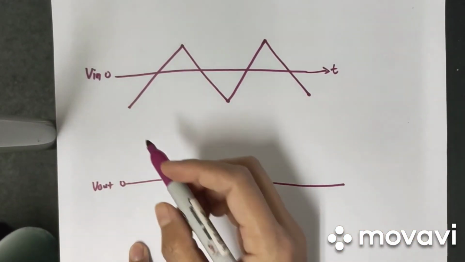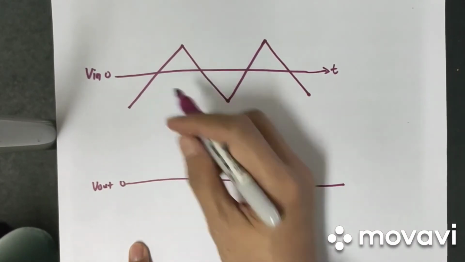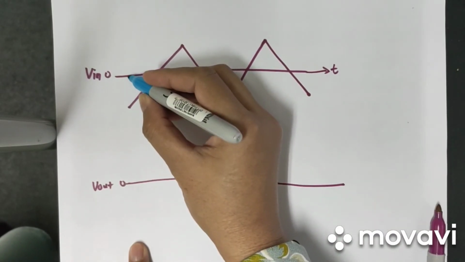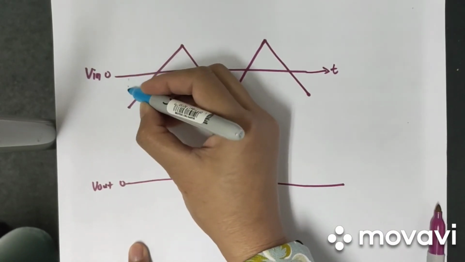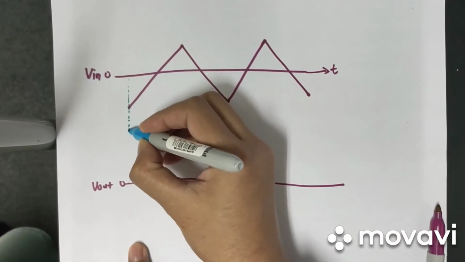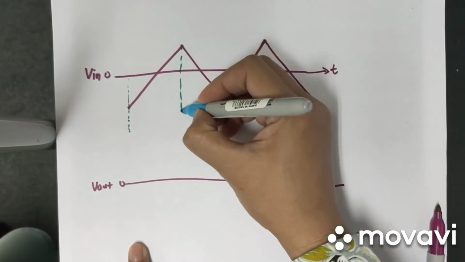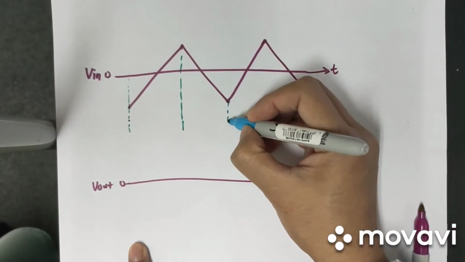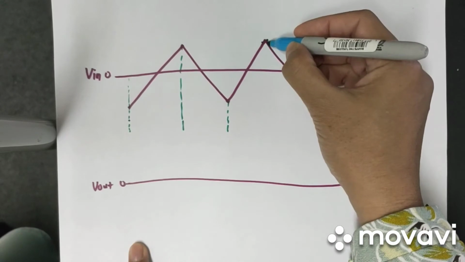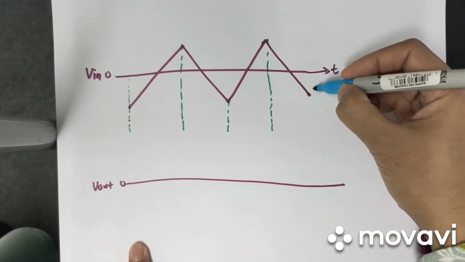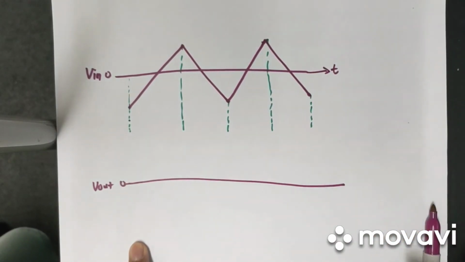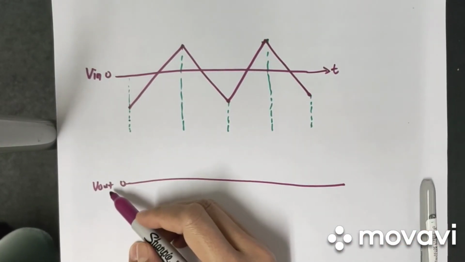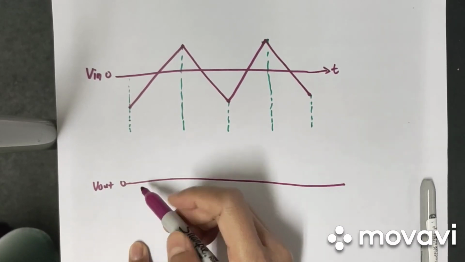Alright, so from here and here, this is positive going ramp, this is negative going ramp. So we see how the transition of the waveform affects the output waveform.